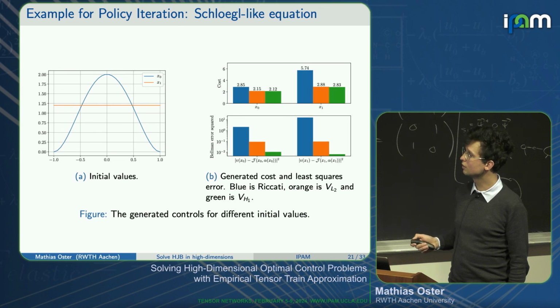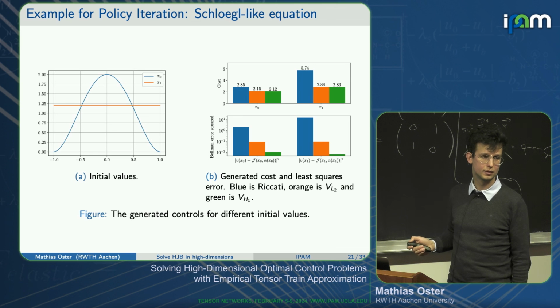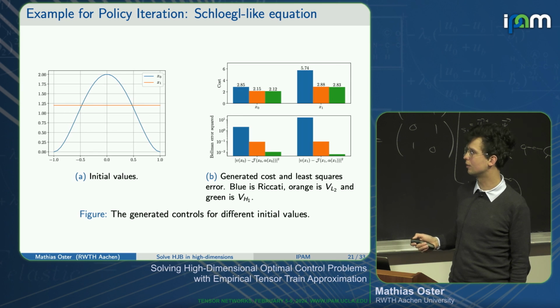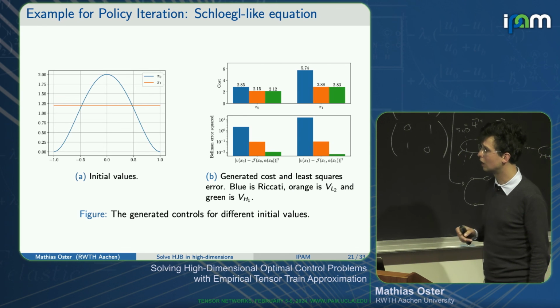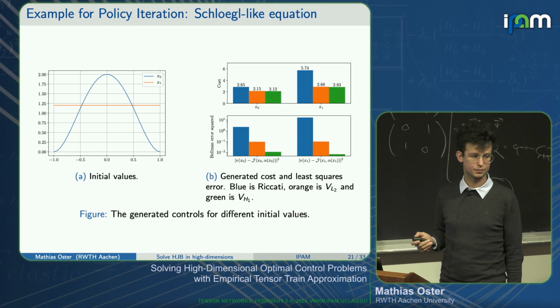For the one initial value, the one in blue here, you can see that we could improve, but only slightly, and this is not of interest in optimal control theory. But for the other initial value, we got quite a nice improvement. We used polynomials up to degree 7 with a rank of around 8 or 10. So this is a very moderate-sized approximation, and this is in 32 dimensions.